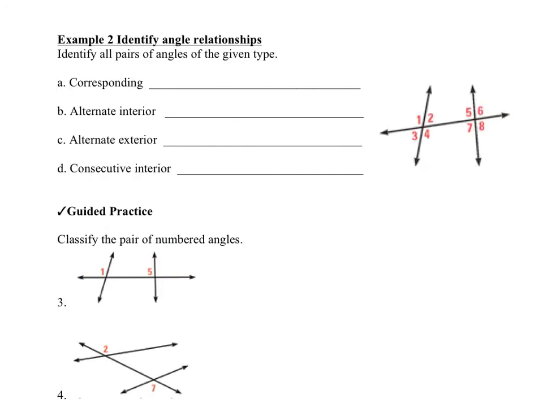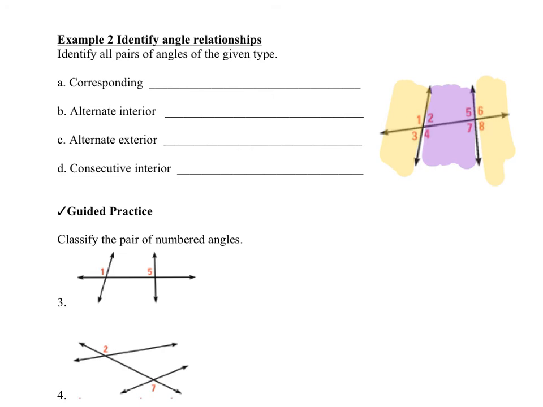So we're going to identify all pairs of angles of the given type. I'm going to label or highlight the interior purple and the exterior yellow, because this is on its side from the earlier diagrams.